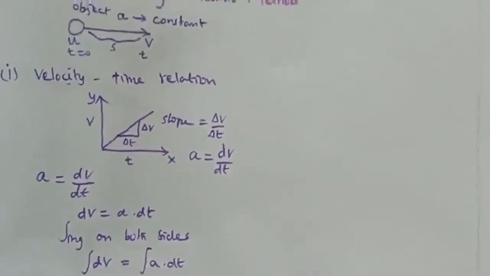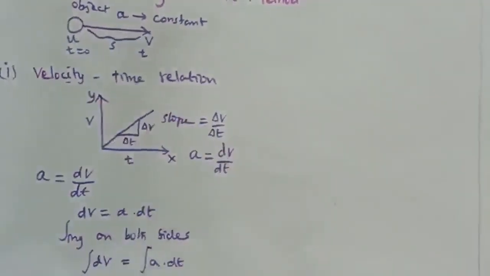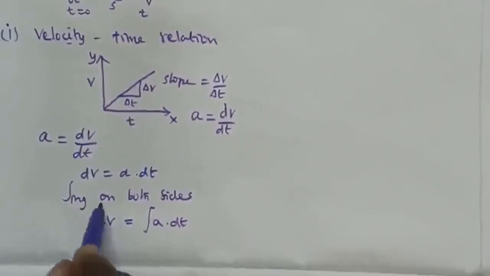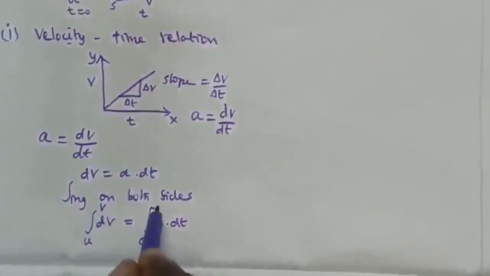See the diagram. The lower and upper limits are u to v, and for time, from initial time 0 to final time t.